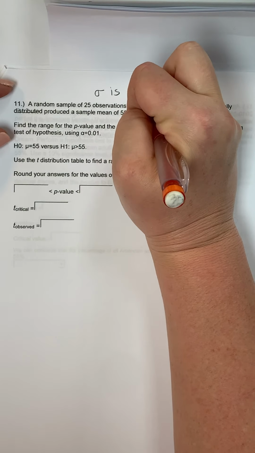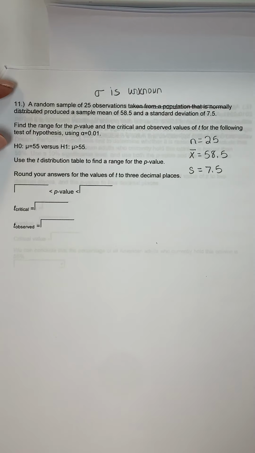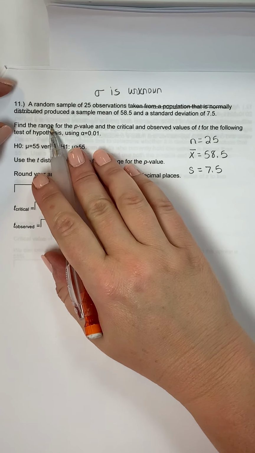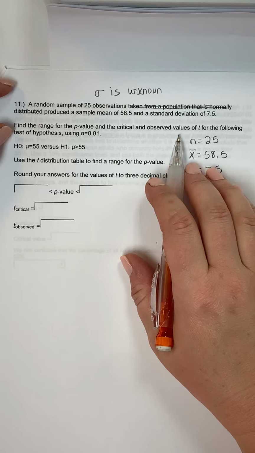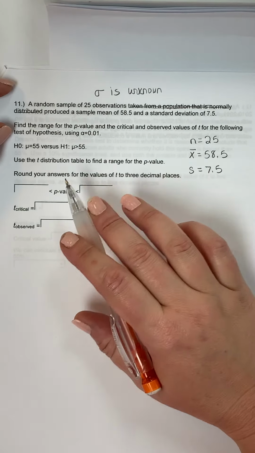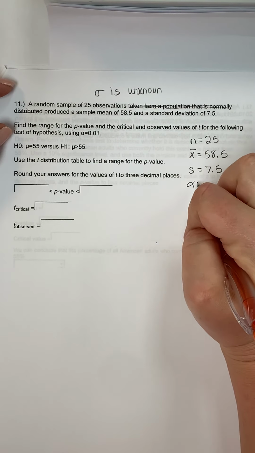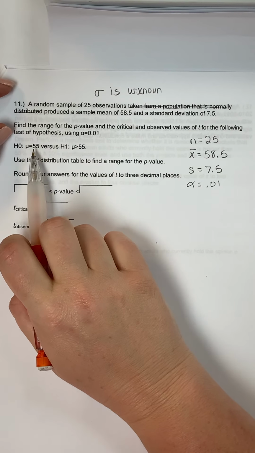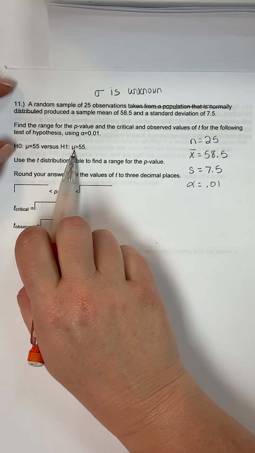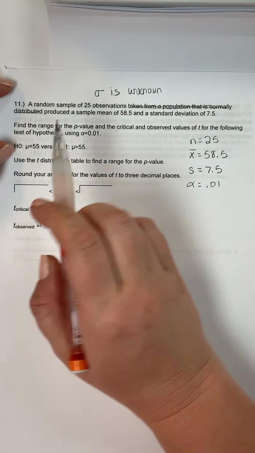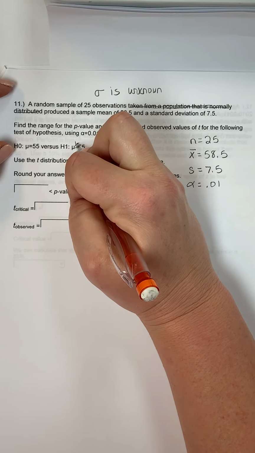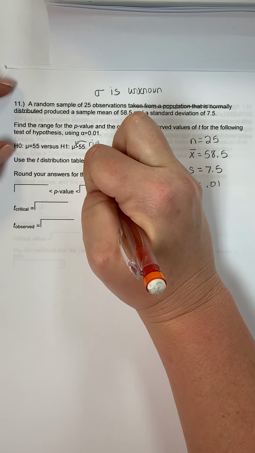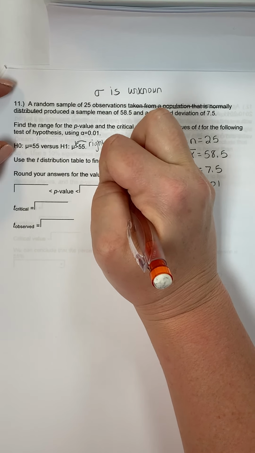Again, sigma is unknown. Find the range for the p-value and the critical and observed values for t for the following test of hypothesis, and it gives us an alpha. It gives us the null, and it gives us the alternative. This time we have a greater than. We haven't had a right-tailed test. So now we're looking at a right-tailed test.